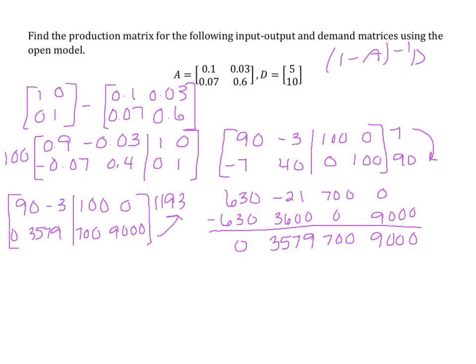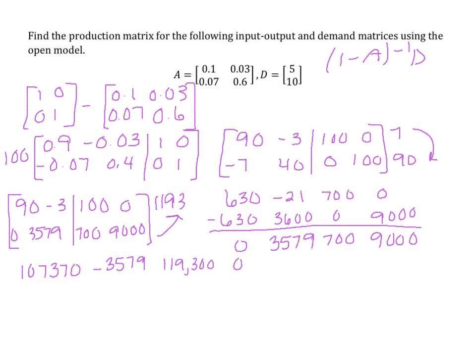So when I multiply my top by 1193, I will get 107,370, negative 3579, 119,300, and 0.